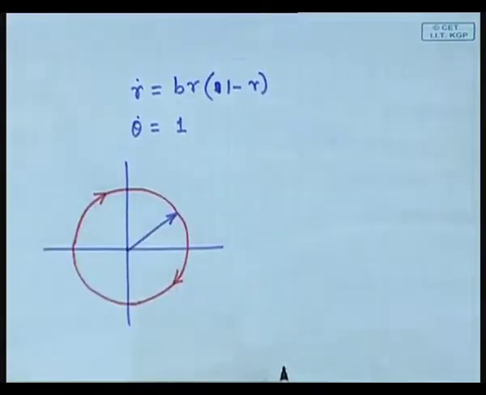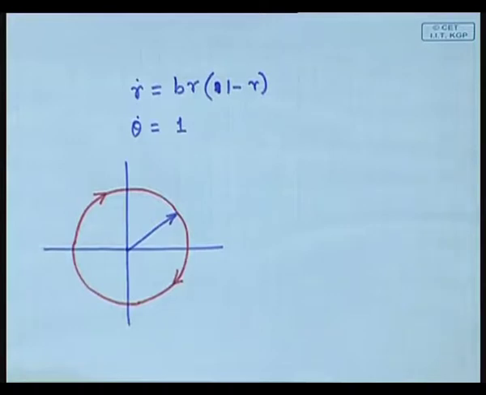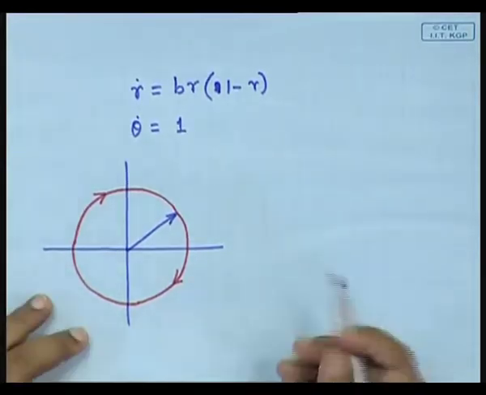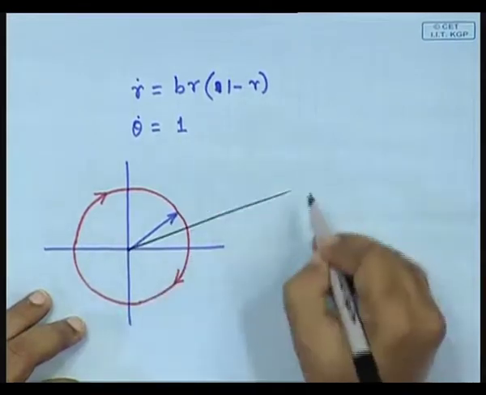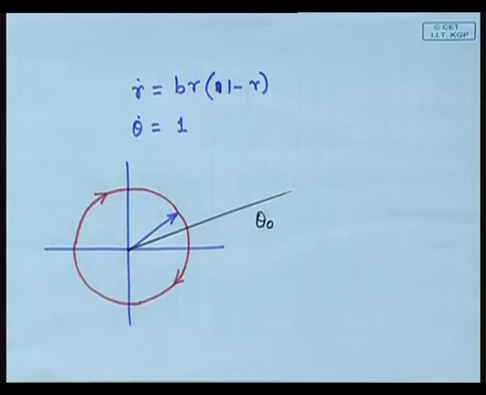We have to place a Poincare section, and that Poincare section could be placed just anywhere. There is no distinction between this point, so it could be placed at any arbitrary angle, say this angle, let it be theta naught. Okay.